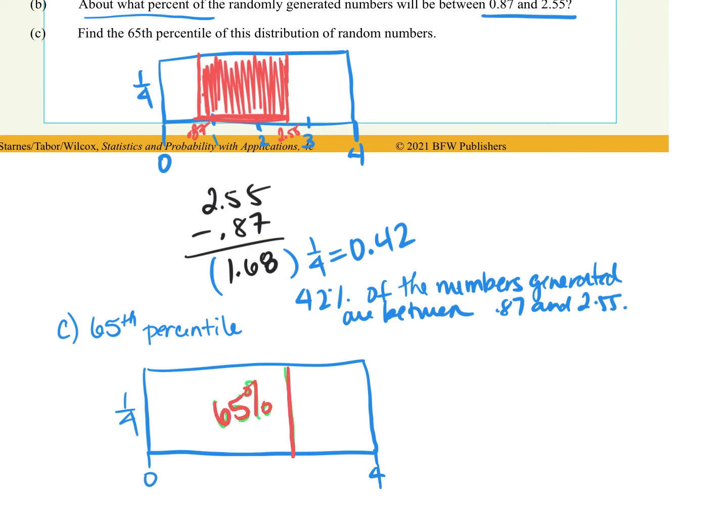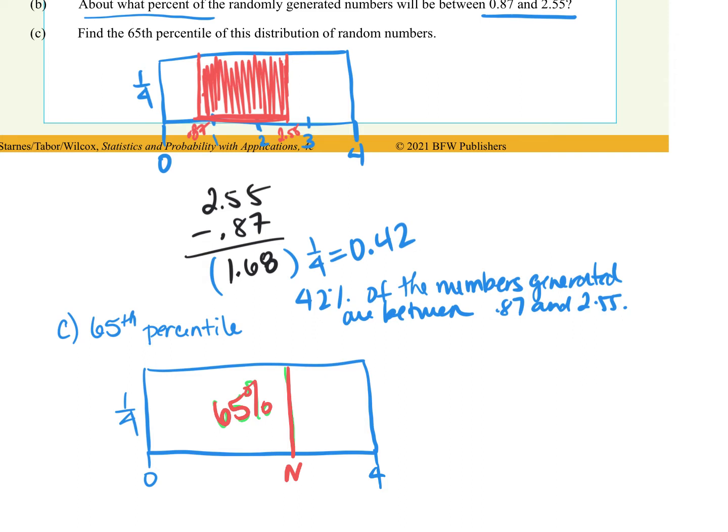So what number here, n, represents 65%? How might I figure that out? Remember that this percentile means that 65% of the numbers are below this value.